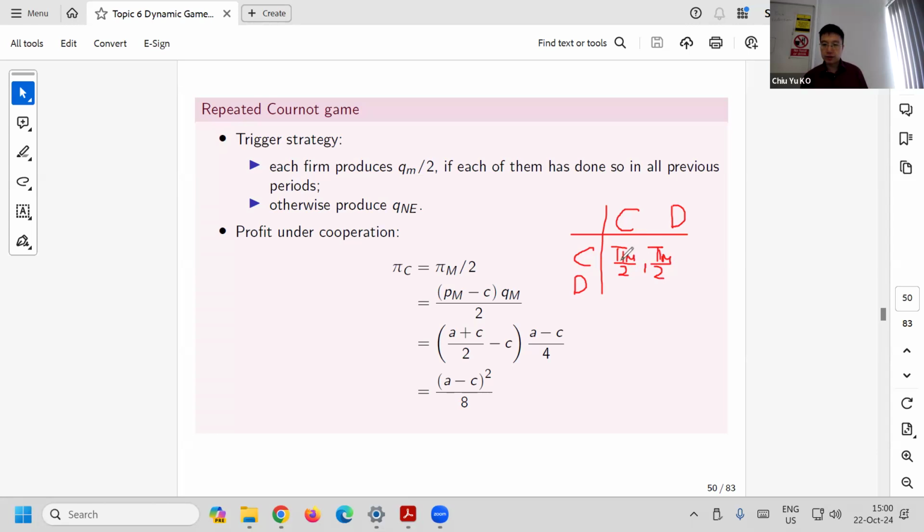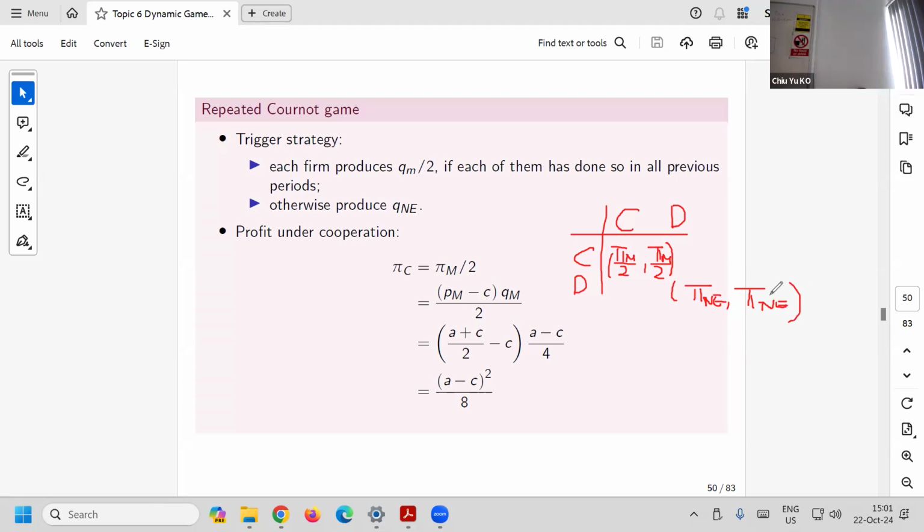That is the outcome there. And when they both defect, they will play the Nash equilibrium, that is the Cournot outcome, the Nash equilibrium.